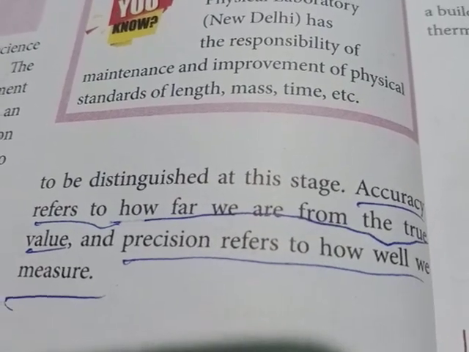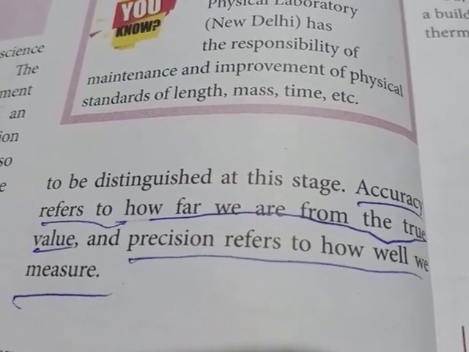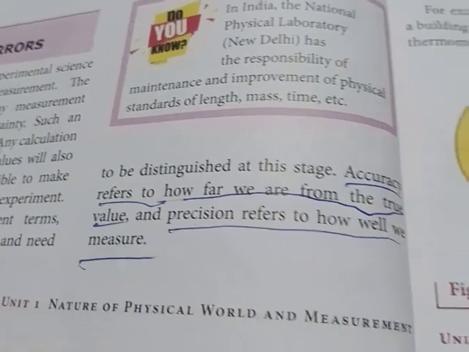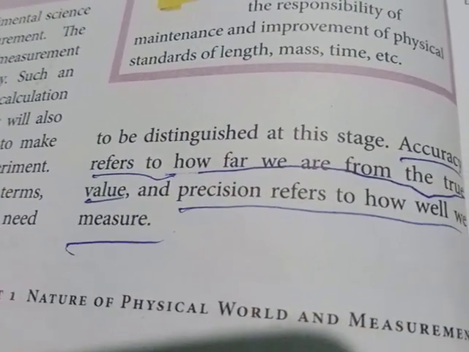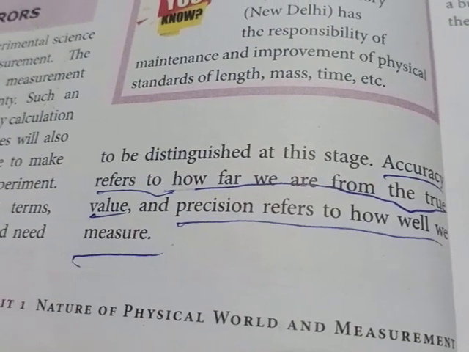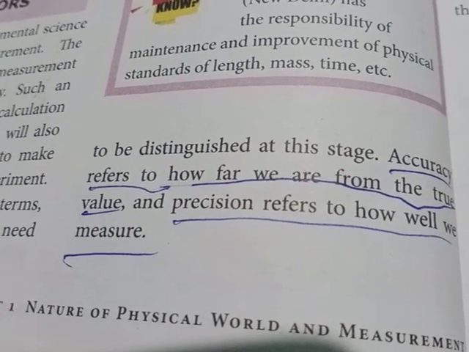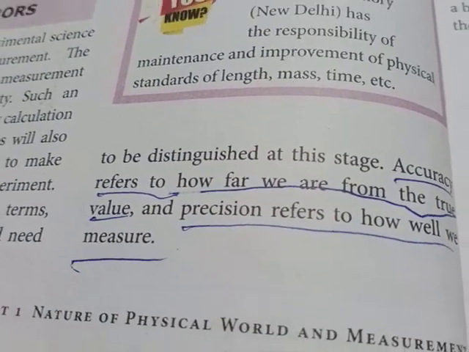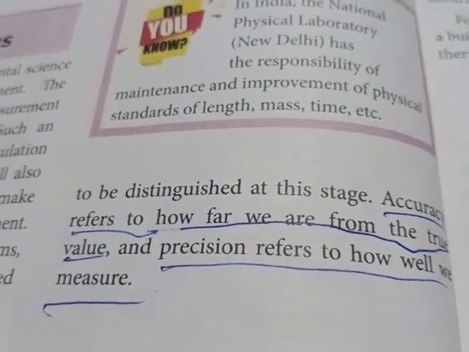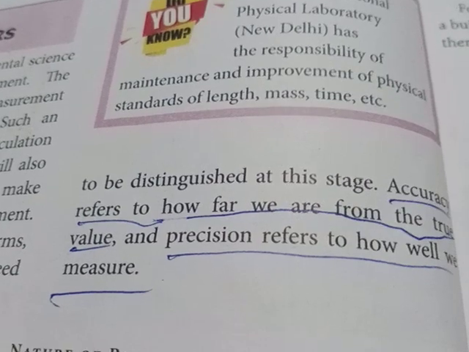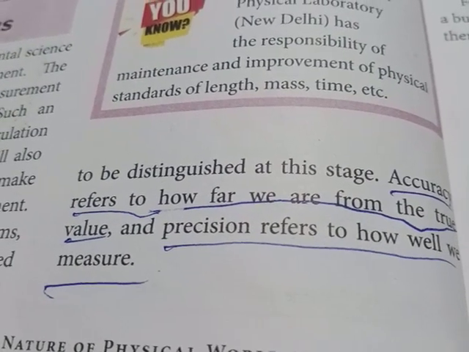You can see the definition here. Accuracy refers to how far we are from the true value, and precision refers to how well we measure. So this is the difference between accuracy and precision.